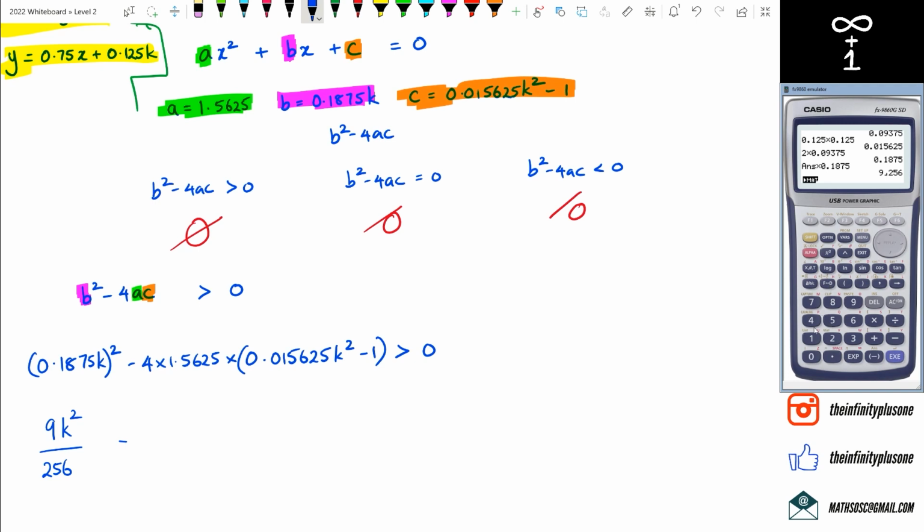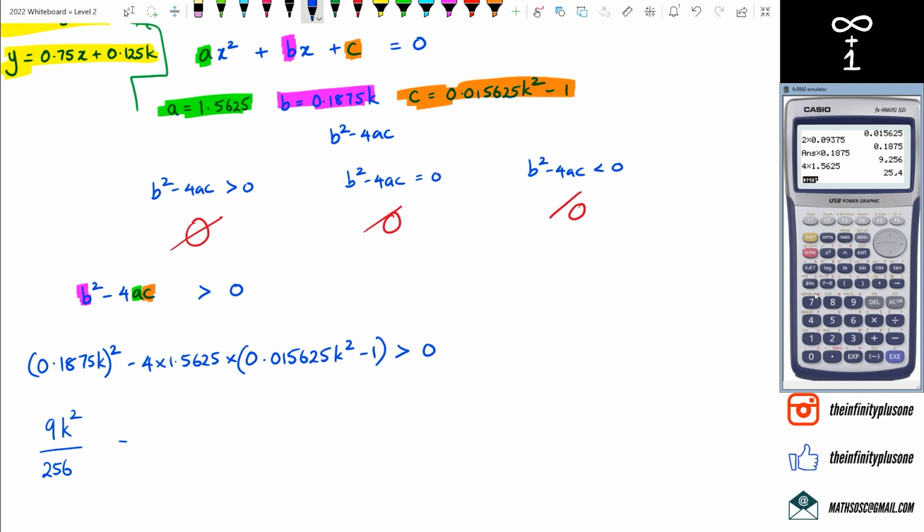So we've got 4 times 1.5625. Did I copy that wrong? No, it is right. So I've got 4 multiplied by 1.5625, that's 6.25, or as a fraction, 25 over 4.